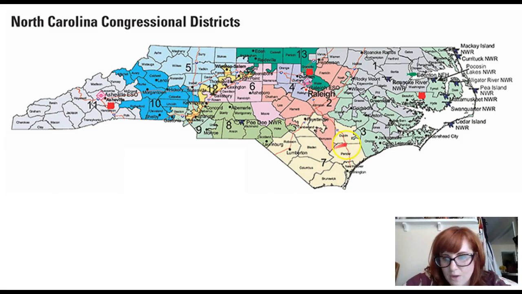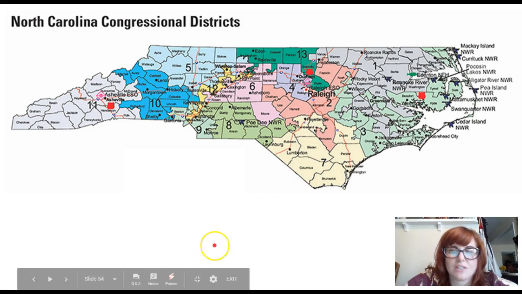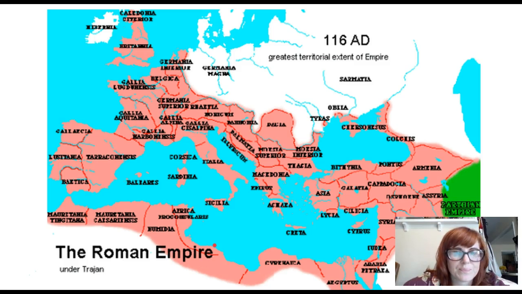People in number 3 here do not have the same congressman as people in number 7. That's a distinct, defined border, which makes formal regions different than other types of regions.